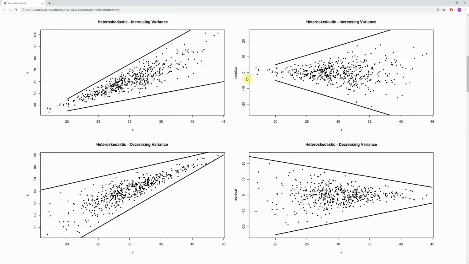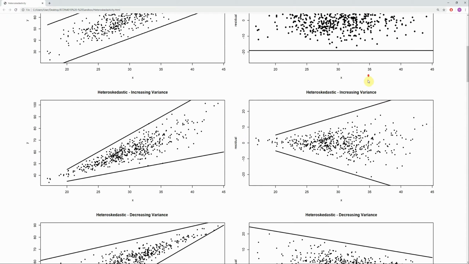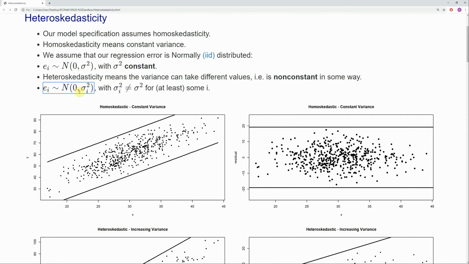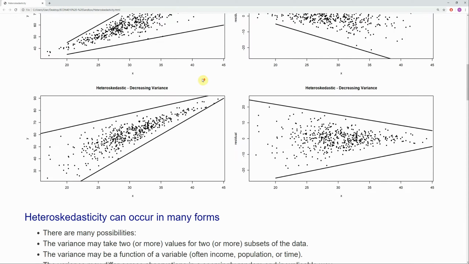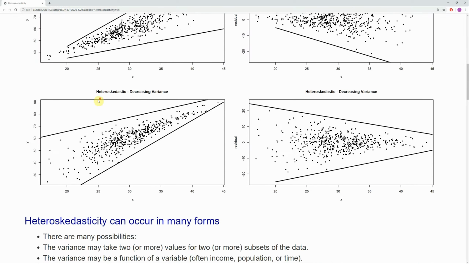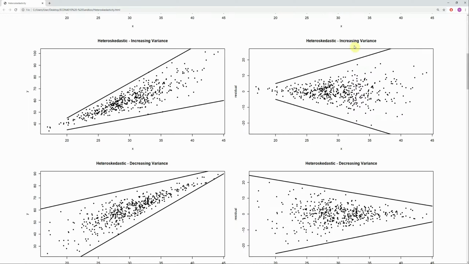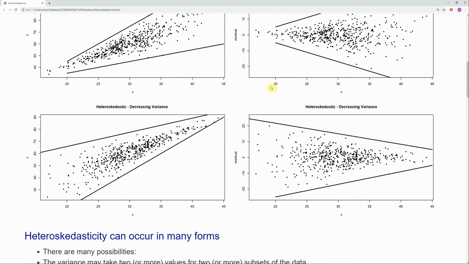Again the residuals have mean of 0, but the variance of the residuals is smaller here compared to the right tail of x. That's where the residuals at the right tail of x have higher variance than the ones on the left, although they all surround 0. And this is the decreasing case, which is very similar to the increasing variance case, just in the opposite direction.